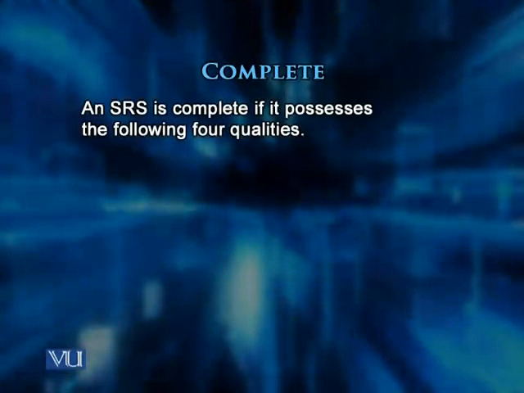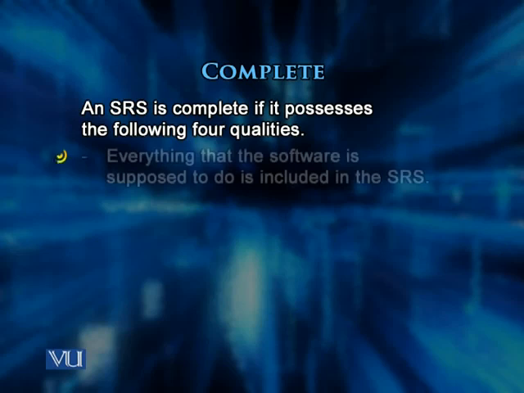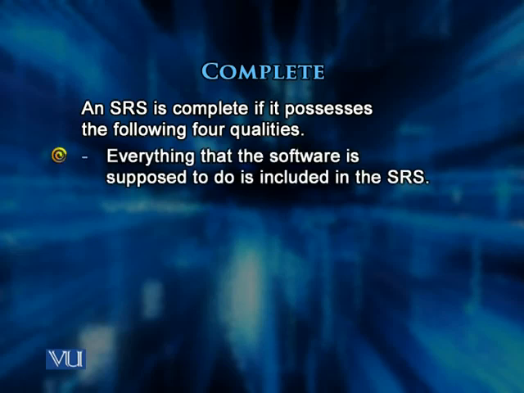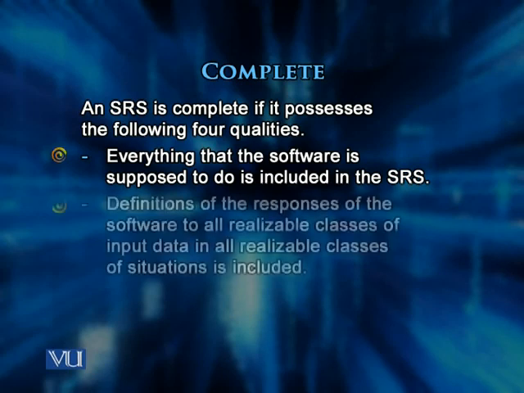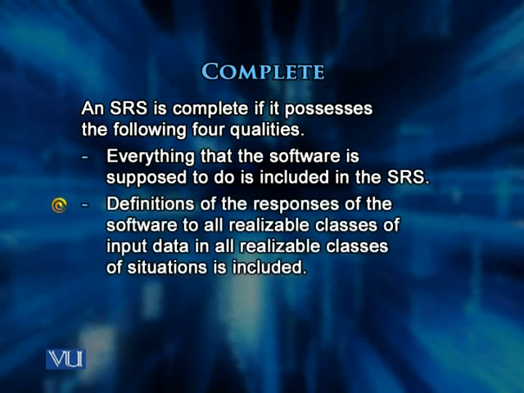The third requirement of an SRS is that it should be complete. An SRS is complete if it possesses the following four characteristics. Number one, everything that the software is supposed to do is included in the SRS. Number two, definitions of the responses of the software to all realizable classes of input data in all realizable classes of situations are included.